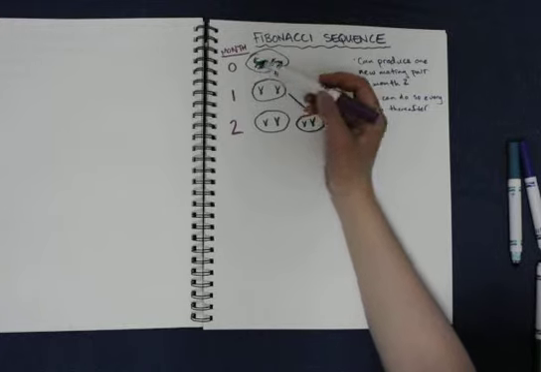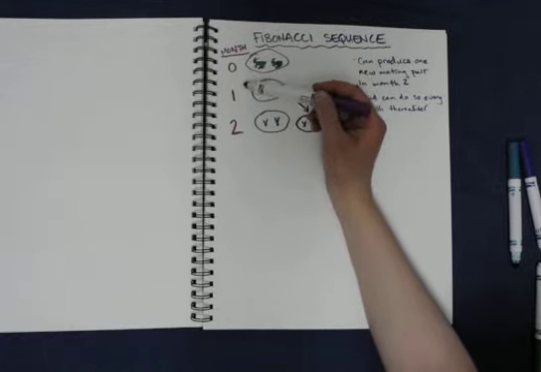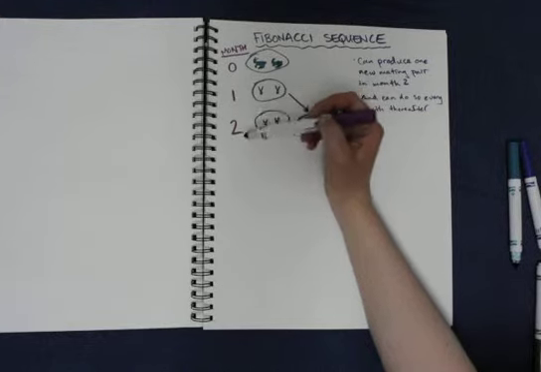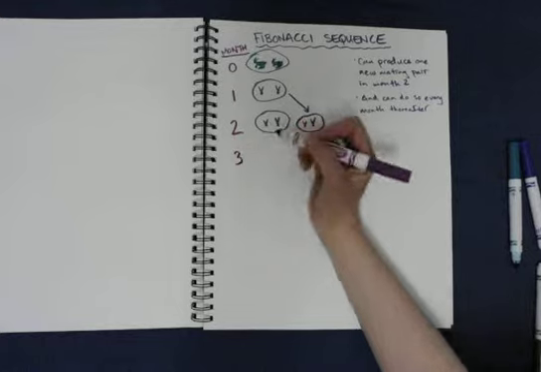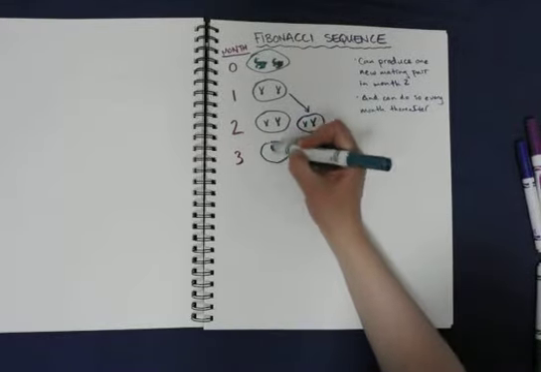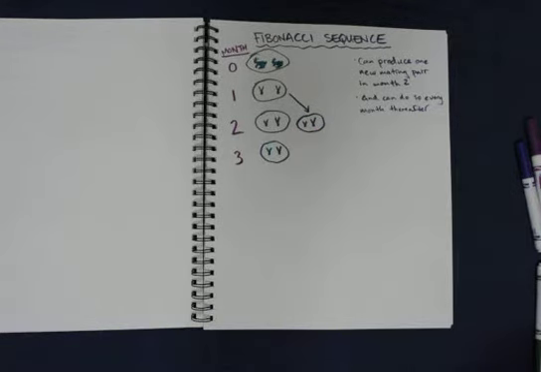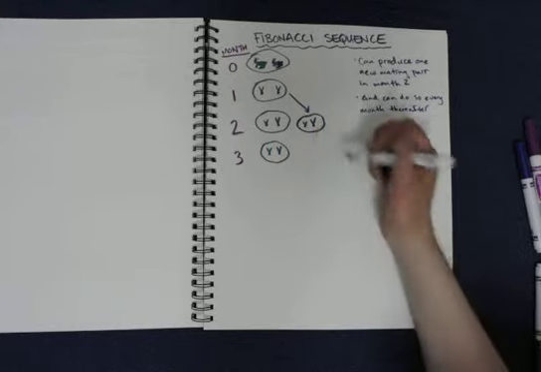Okay, so at the beginning we had 0, 0 to 1, okay, 1 to 2, 2 to 3, 3 to 4, so we'll call this month 3. We still have the original pair of rabbits, and we also have the new breeding pair that was created in the previous month.